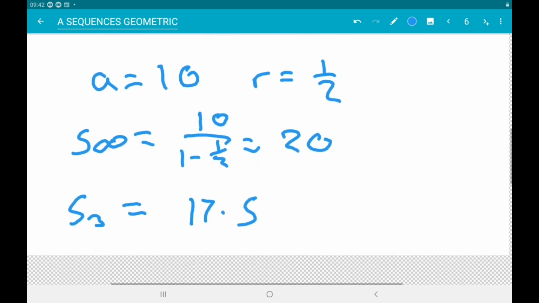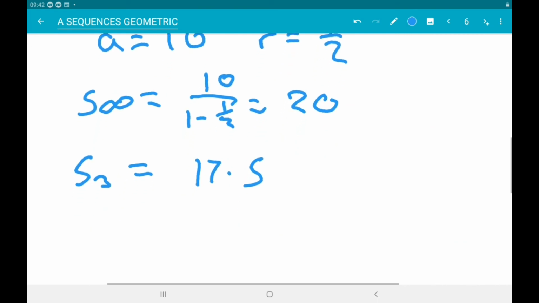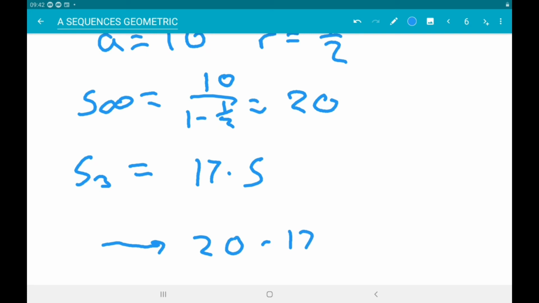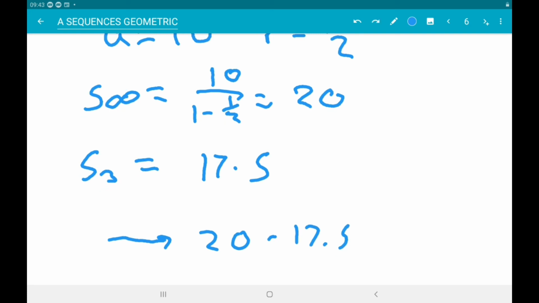So we then have 20 minus 17.5, and that gives us 2.5.